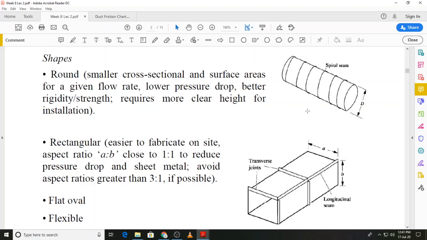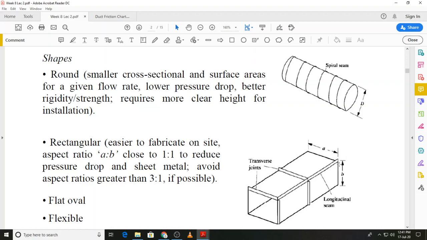So that is also something that we have to at times take into consideration, that there is a restriction on the room that is available through which the ducts are routed, and maybe a round duct in that case may have to be replaced by a rectangular duct, which you can see can be reduced in height if there is a requirement, that is the height that is available is relatively small.